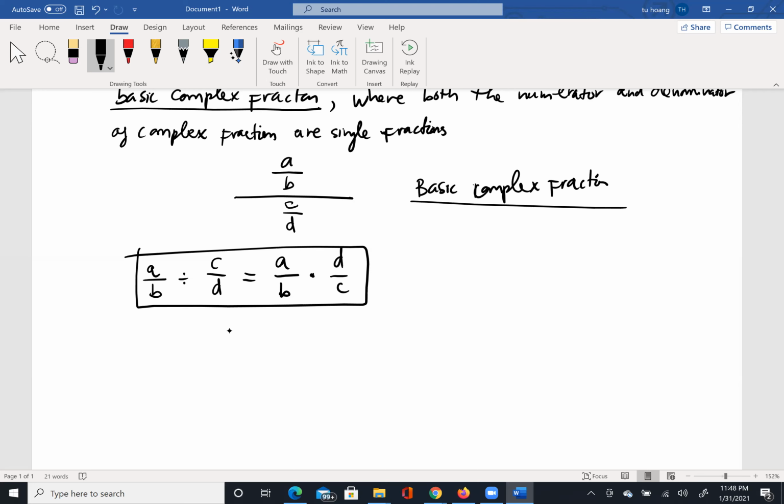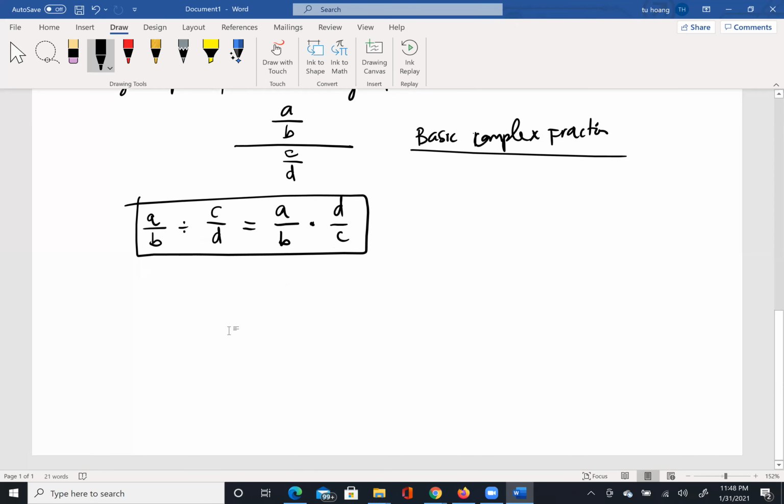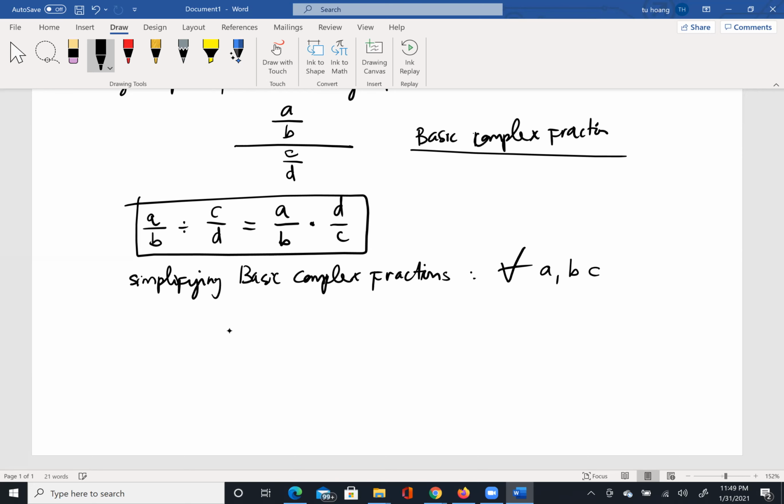So we can say the simplified basic complex fraction for any A, B, C, and D, all real numbers, right?